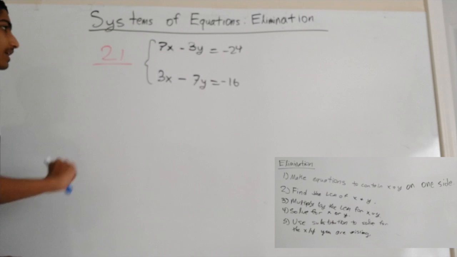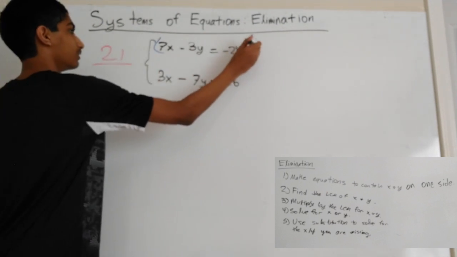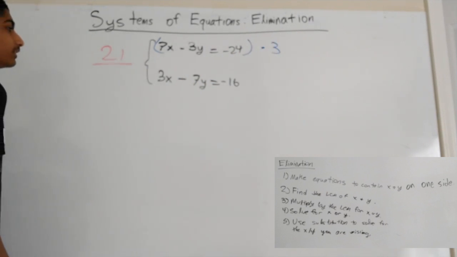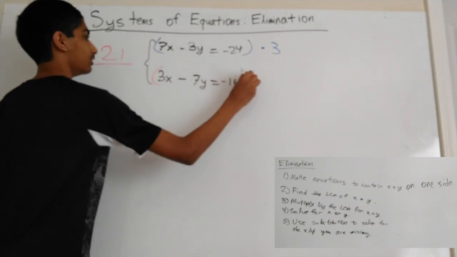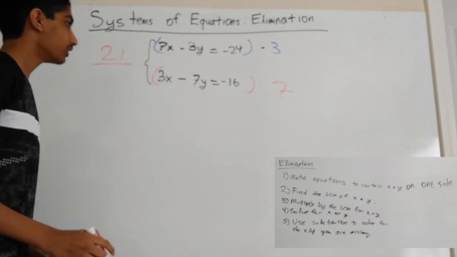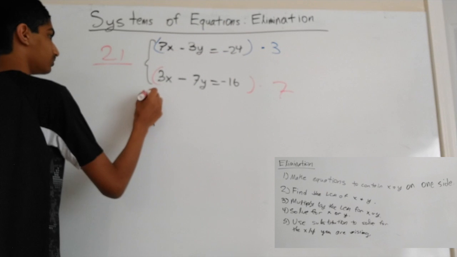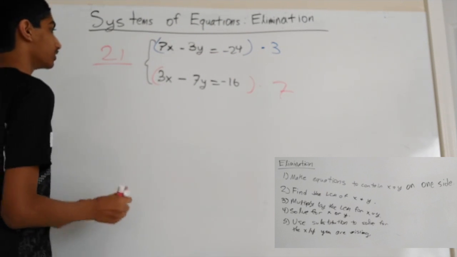So I say we do x since that's the first term. So let's multiply this by 3. And let's multiply the next one by 7. Okay. And with that we can get started. So 7x times 3 is 21x. And that's what we wanted actually.